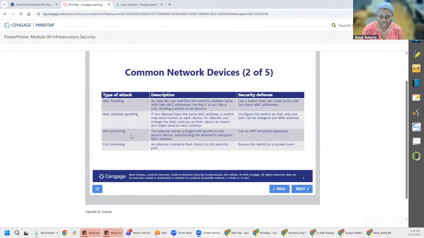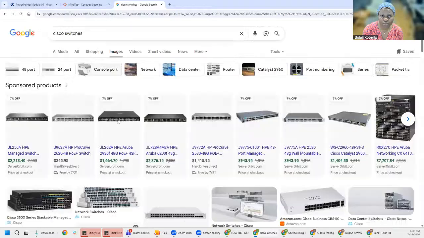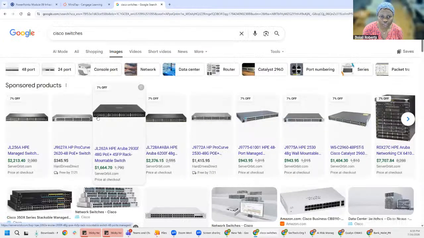Then at the network layer too, there's what's called port mirroring. So port mirroring is pretty much looking at all of these 48 switch ports and saying, port 1 to 47, all the traffic that you receive, send a copy of that traffic to port 48, and then the attacker plugs their own device on port 48.